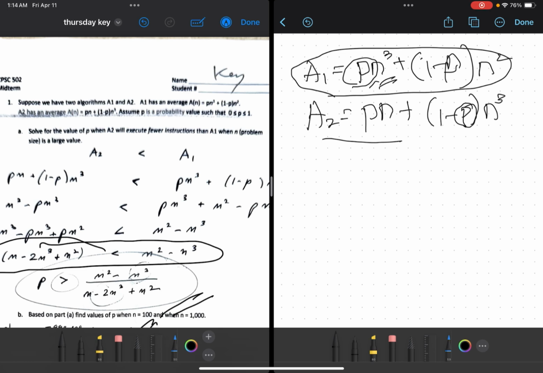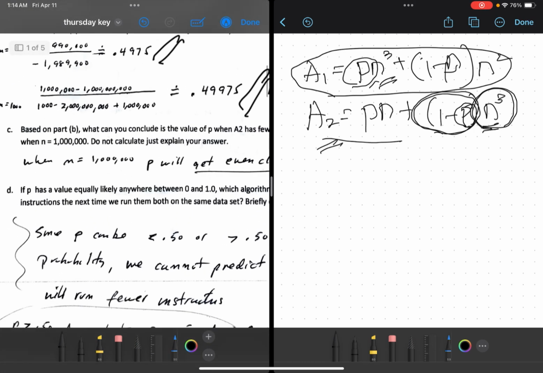If the value of p is higher here, then this whole coefficient is going to be a smaller value because we are subtracting it from 1. And since it is the coefficient of n cube, the whole A2 will be less, that is if the probability is greater. But if we have a p value lesser, then 1 minus p is going to be greater, and since it's the coefficient of n cube, this is going to matter a lot, and A2 will run slower and A1 will run faster.